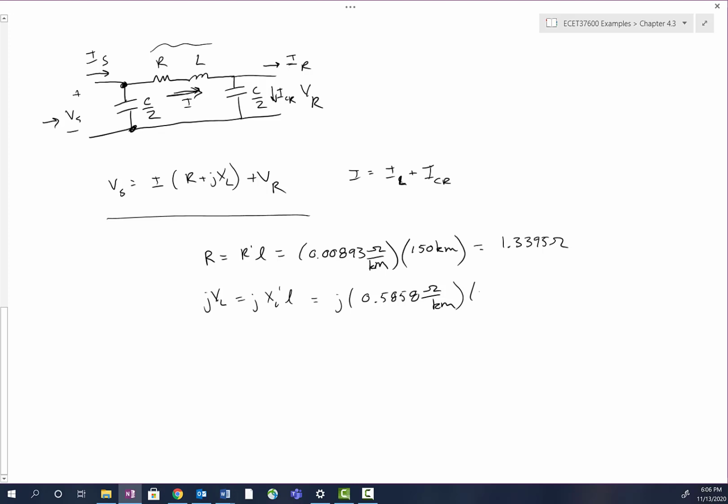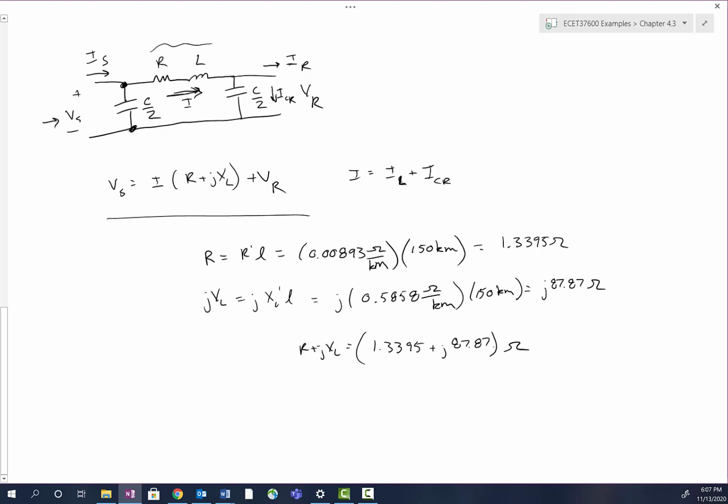Again, this is a 150 kilometer line. So J 87.87 ohms. So R plus J X sub L is 1.3395 plus J 87.87 ohms. So that's my series impedance of this line.